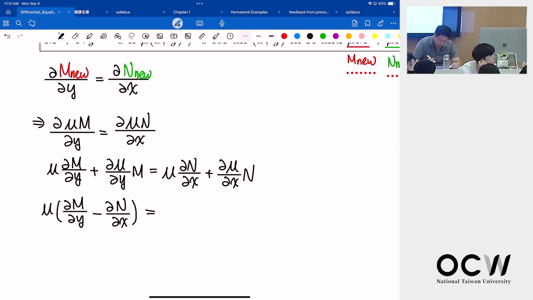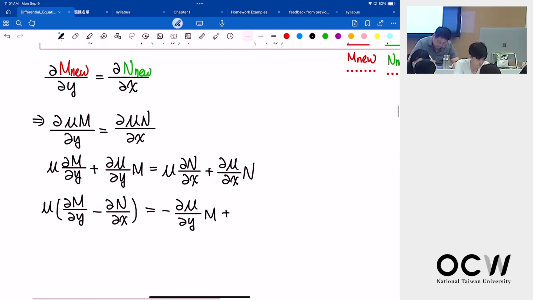And the right hand side, minus partial mu divided by partial y M plus partial mu partial x N. Okay. Any questions so far? We assume that this integrating factor mu is a function of x and y.